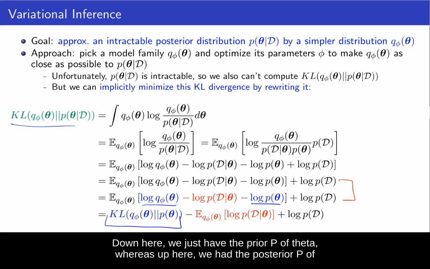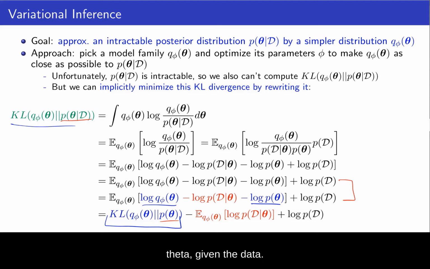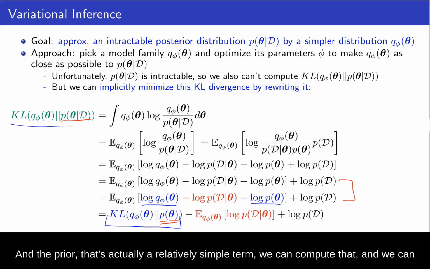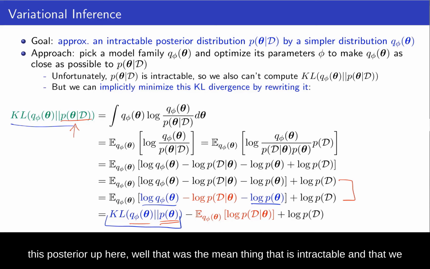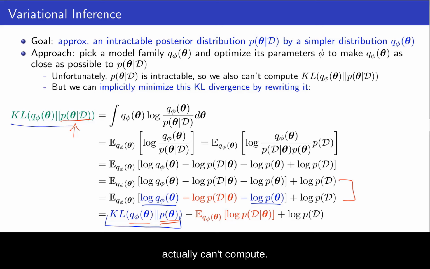Down here, we just have the prior P of theta, whereas up here, we had the posterior P of theta given the data. And the prior is actually a relatively simple term. We can compute that, and we can actually compute the KL divergence between this prior and our Q distribution. Whereas this posterior up here was the mean thing that is intractable and that we can't compute.